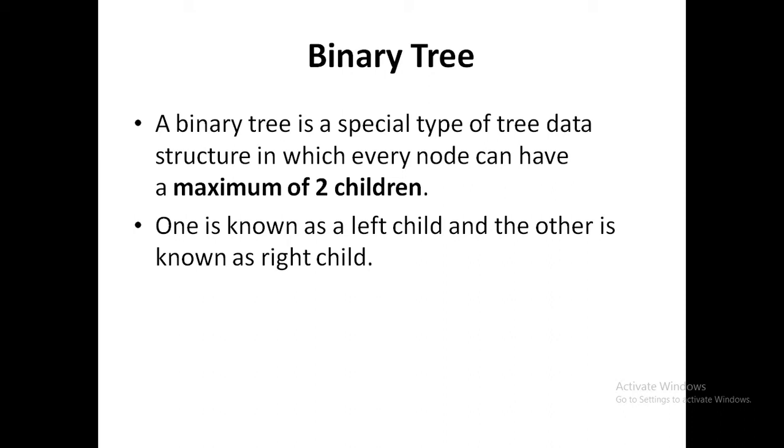A binary tree means a tree having a maximum of 2 children, that is 0, 1 or 2 children. A node having 2 children has one as its left child and another as its right child. That is called a binary tree.